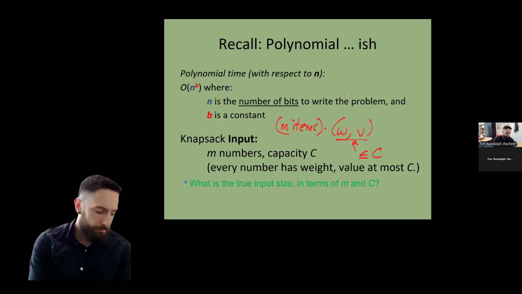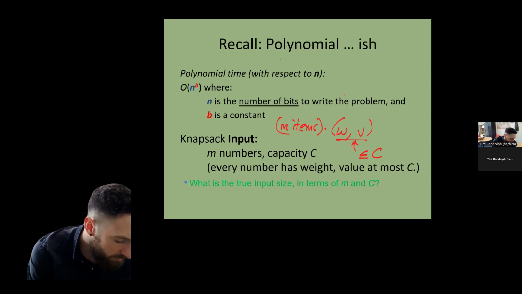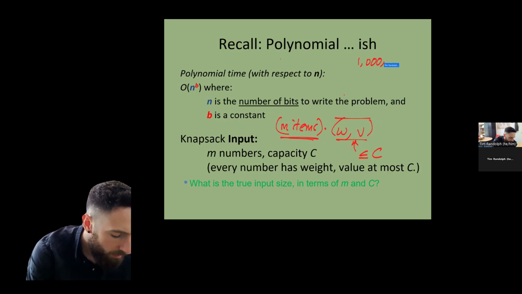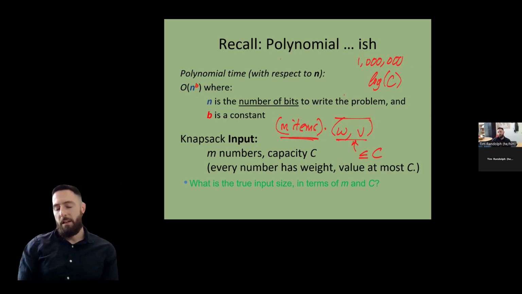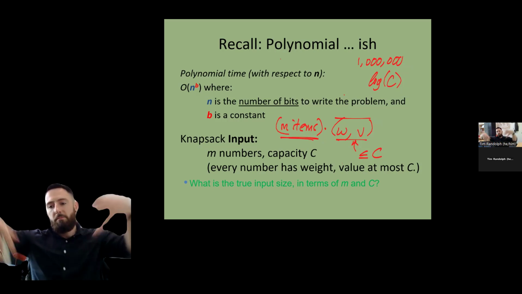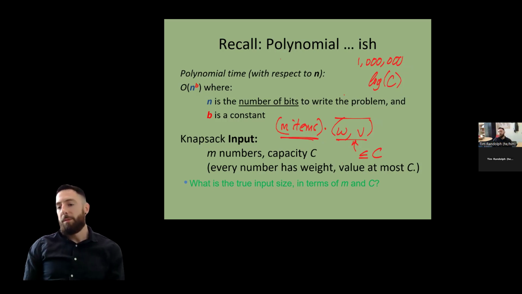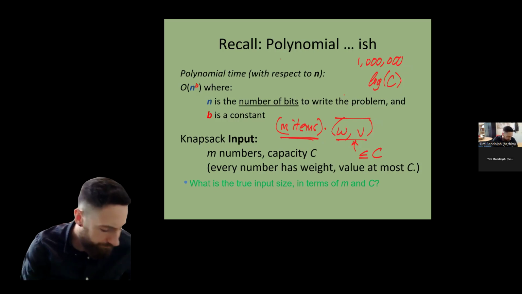Well, not quite. So what this means is that for each of the M items, we're going to write down 2 numbers. And as we mentioned before, when I write down a number with the value C, I actually am only using a number of bits proportional to log C. In other words, if C is at most 1,000,000,000, I might still only be using a small number of bits.